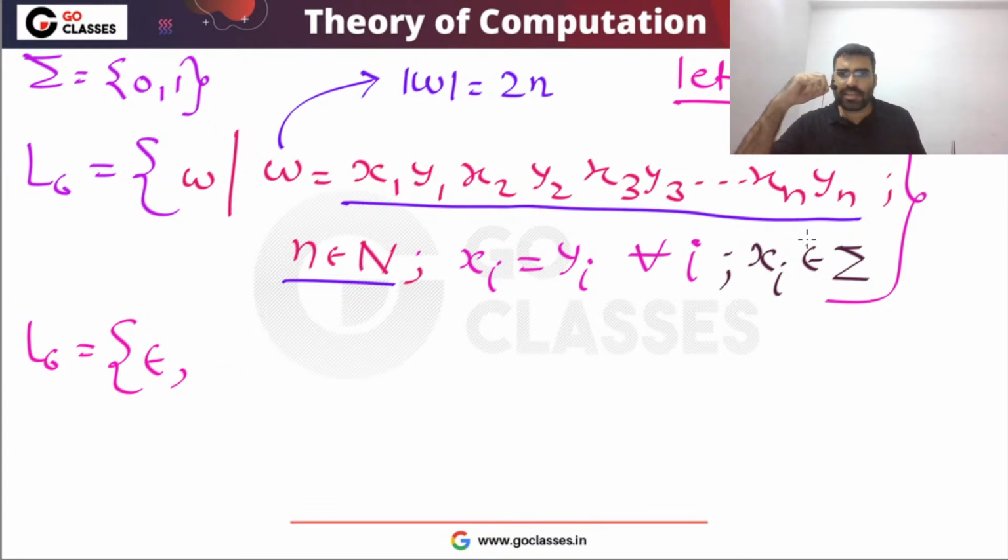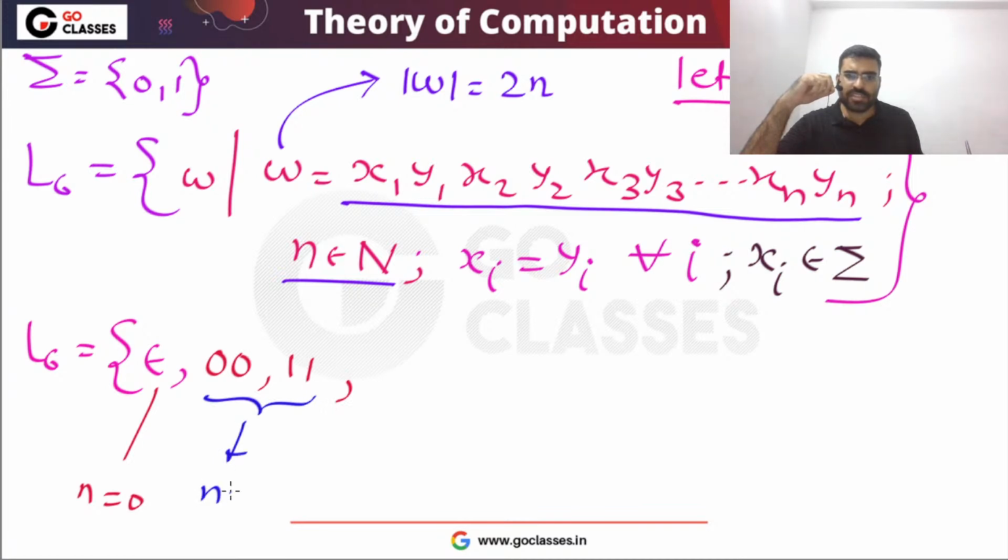The empty string is what I get when I put n equal to 0. If I put n equal to 1, then I will get 0, 0, 1, 1, and the length of the string will be 2.